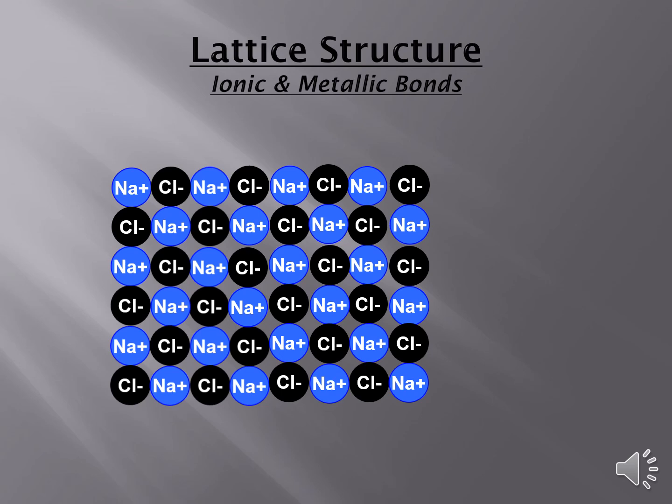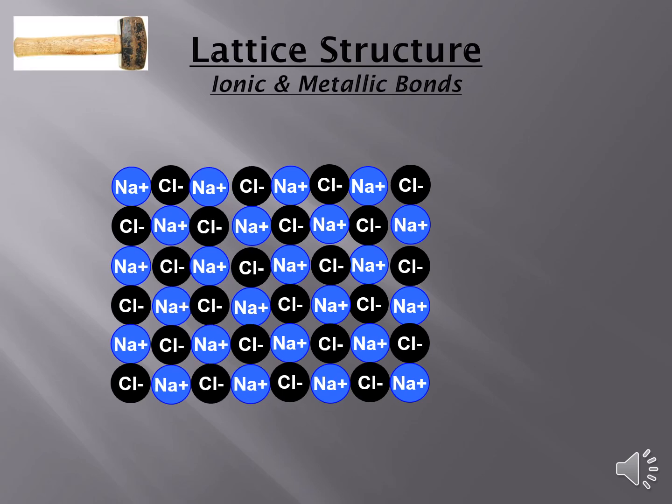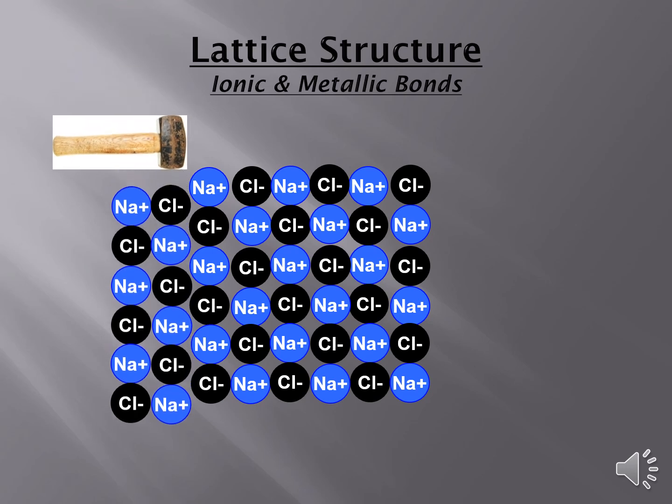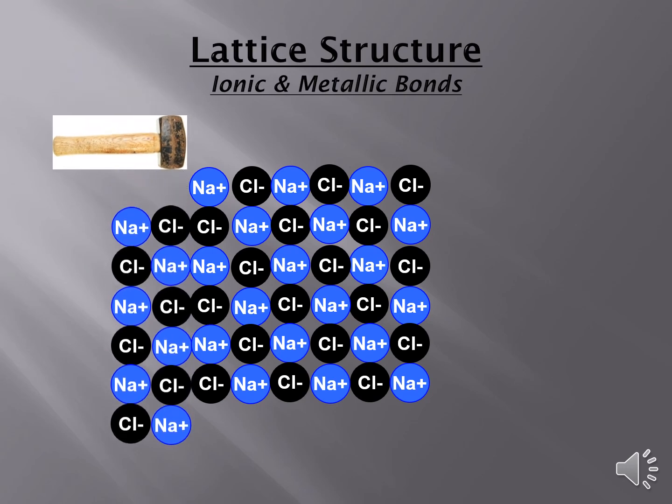Now, what we were talking about a minute ago is that it has very poor malleability, which means if we take that hammer up there in the corner and we hit that crystal, bang, of course you know that crystal is going to crack. It's going to separate. It's going to shatter. And I want to show you why that happens, why that crack actually propagates through that salt.